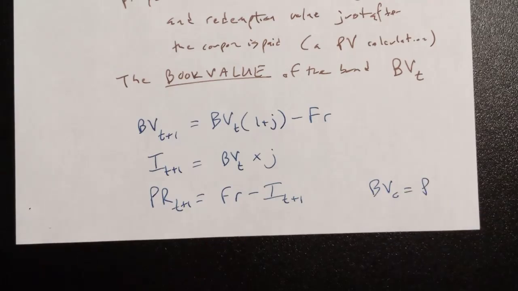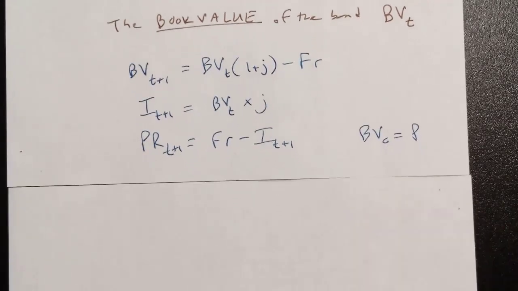My starting balance, PV0, sorry, BV0, the book value, is the payment price. But our payment price, back in the previous chapter, was calculated explicitly.